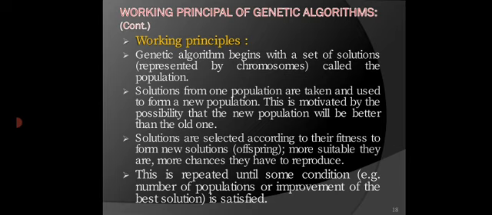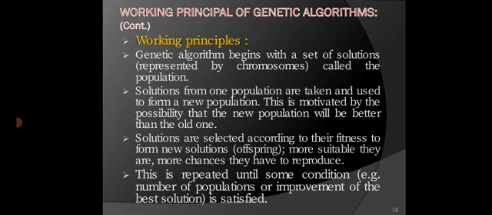Solutions are selected according to their fitness to form new solutions. The more suitable they are, the more chance they have to reproduce. This is repeated until some condition, like the number of populations or improvement of the best solution, is satisfied.